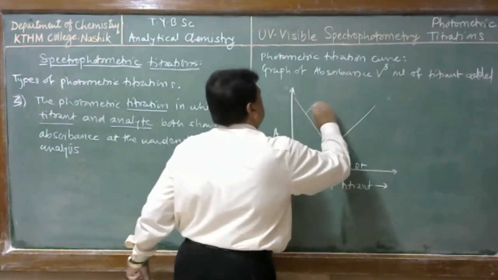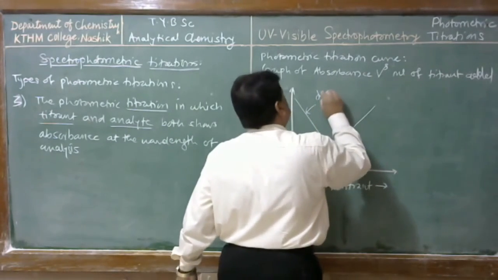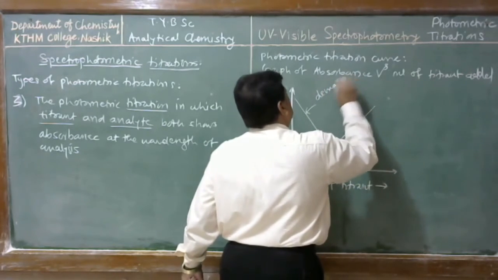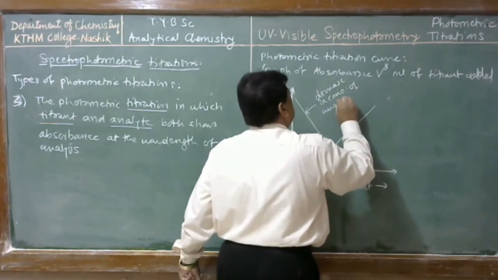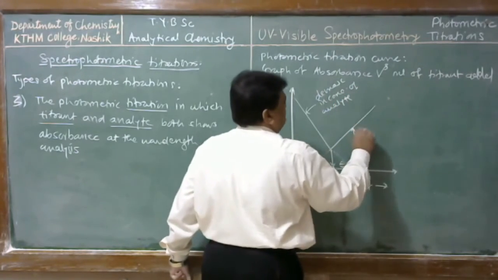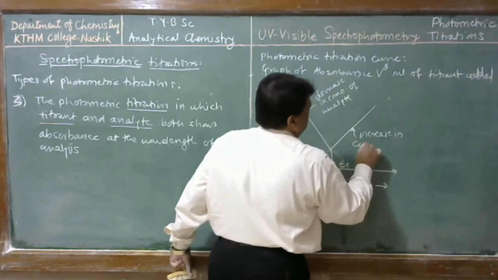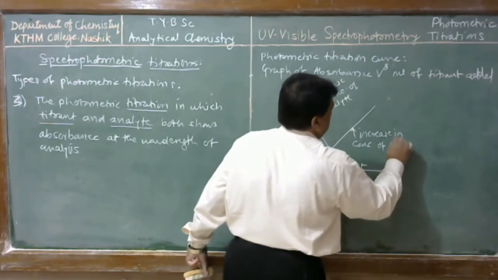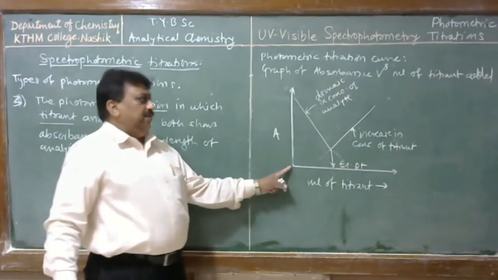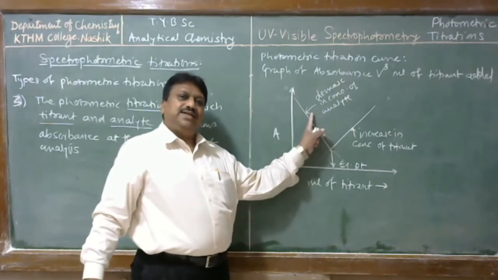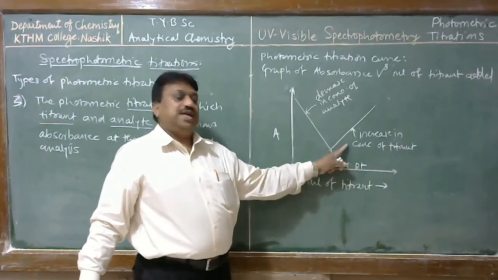Therefore, this decrease in absorbance is because of decrease in concentration of analyte, which is colored, and this increase in absorbance is because of increase in concentration of reagent or titrant. A V-shaped titration curve is obtained where both analyte and titrant show absorbance.